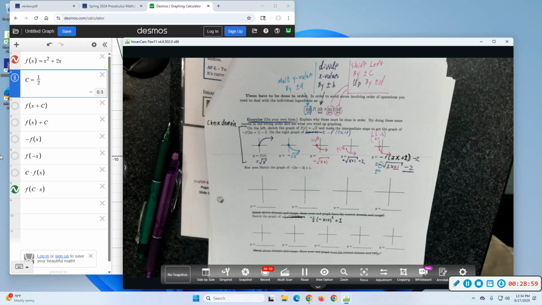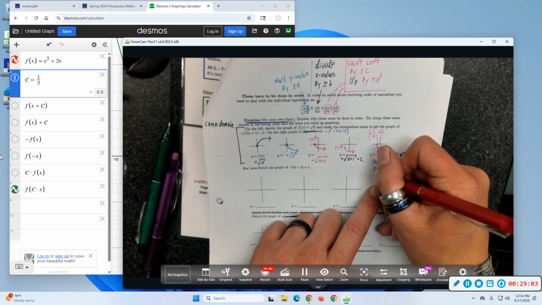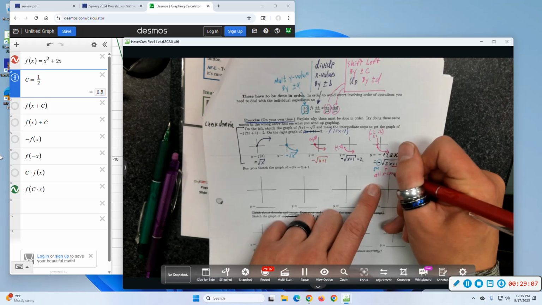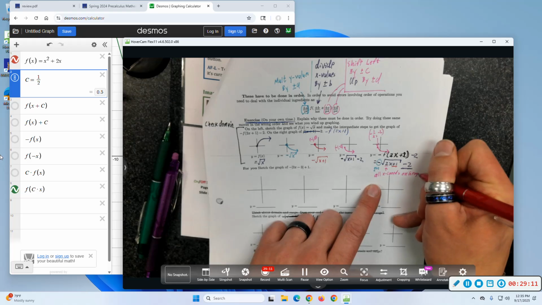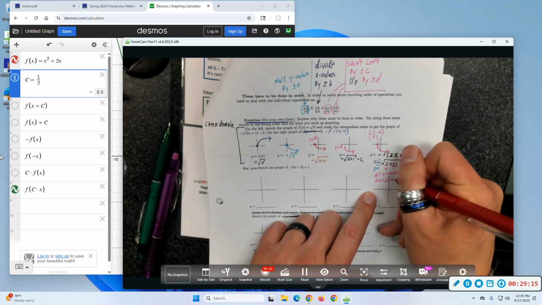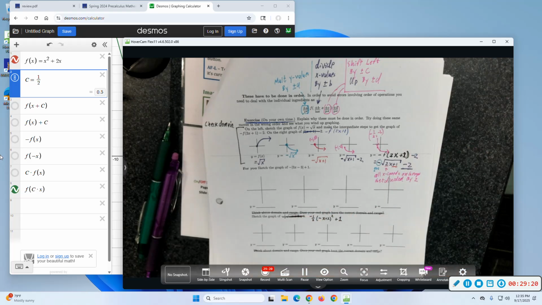Yeah, so this 2, what it will do is it will result in all x coordinates on the graph getting divided by 2. So, right, the way to remember is it's inside the parentheses, so it's going to do the opposite of what's intuitive.